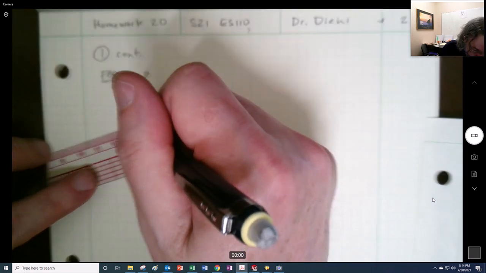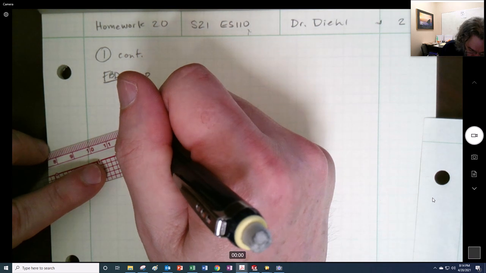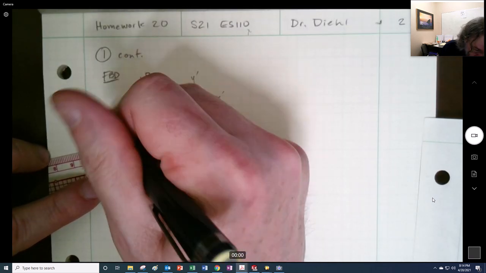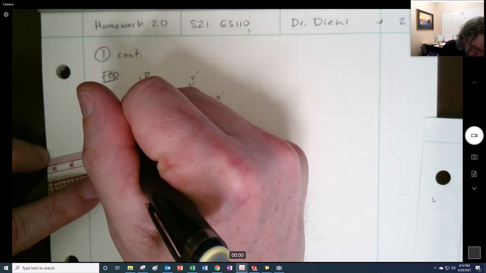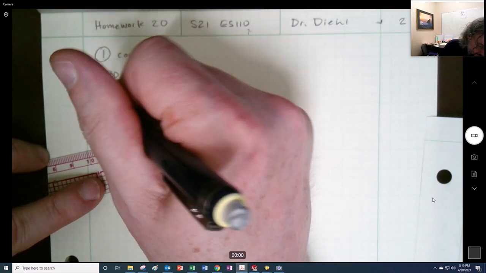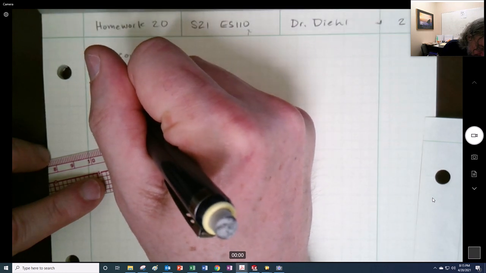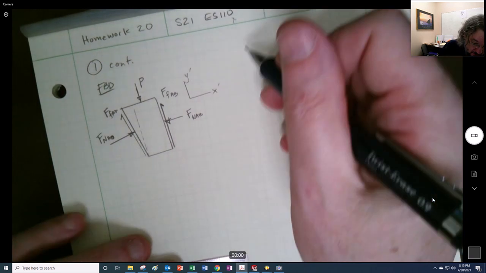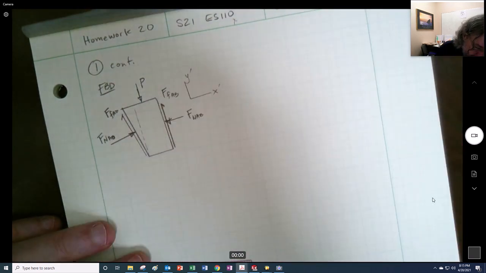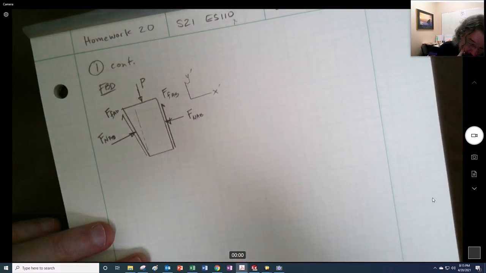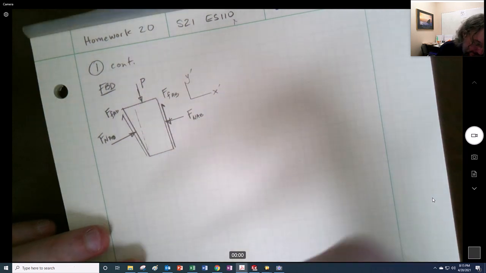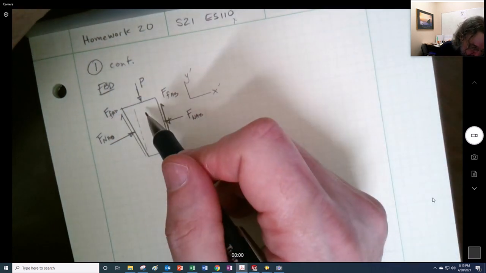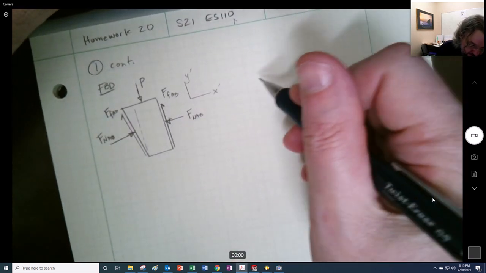And then it's going to have one that is perpendicular right here, and we're going to call this FNAD, and this is FFAD. There's not much we could do here. You gotta choose two equations and two unknowns, but probably the x prime direction is the way to go.